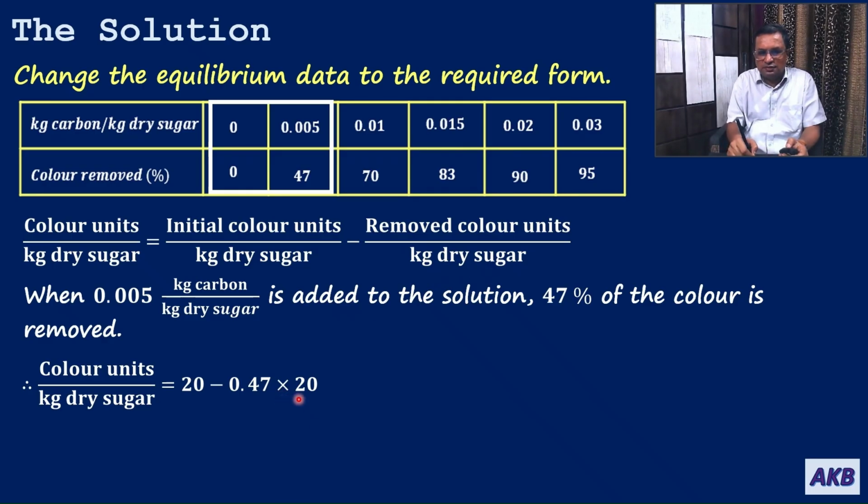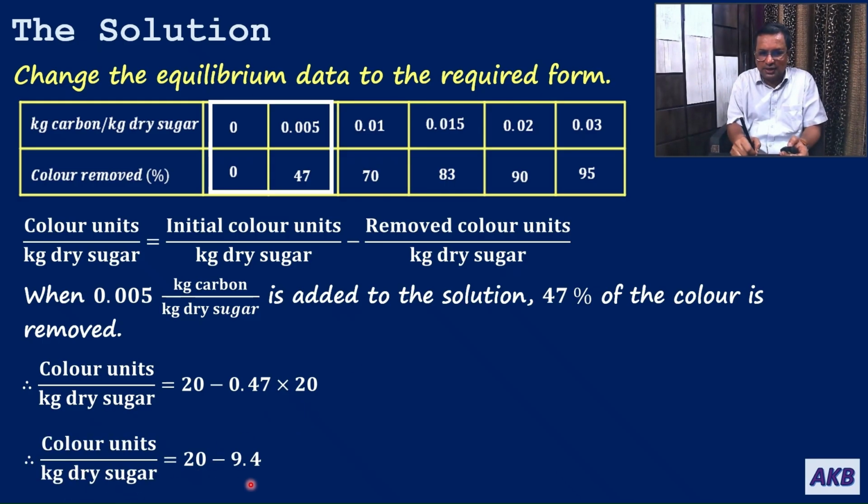So 47% of the original color units are removed in this step. Therefore, color units per kg dry sugar will be 20 minus 0.47 into 20, which is 20 minus 9.4. That will give us color units per kg dry sugar as 10.6.